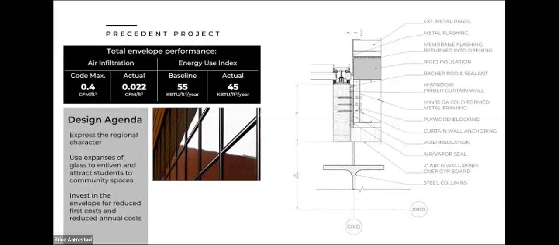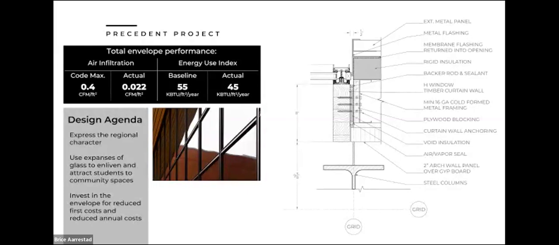Along with the entire envelope and the entire construction process, and making sure that any penetration through that envelope is sealed and protected, the actual air infiltration was 0.022, which is an incredible design achievement. And it was a deep collaboration between product suppliers and selection, and a deep collaboration between the construction manager and the construction processes, making sure that this was a really tight envelope.